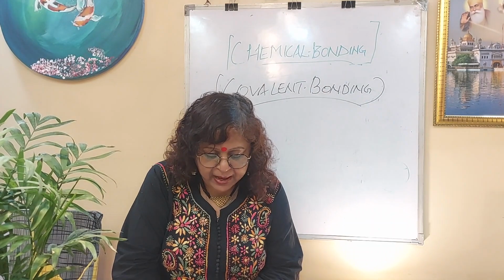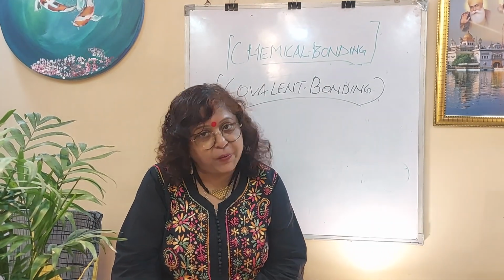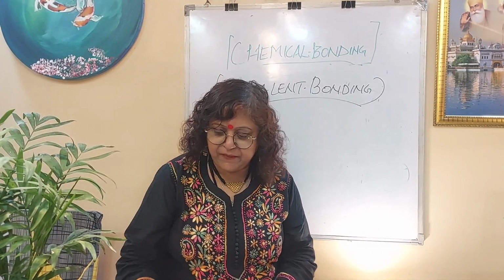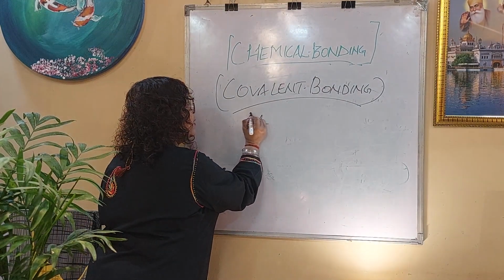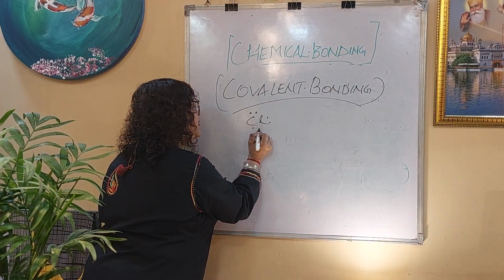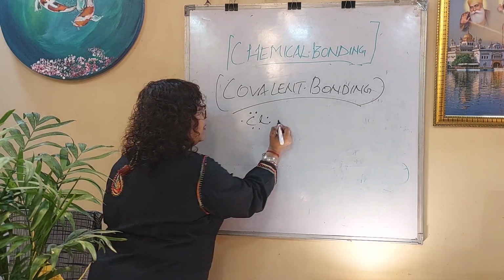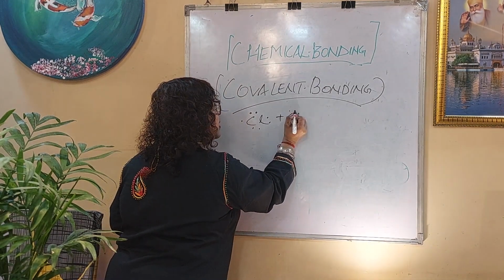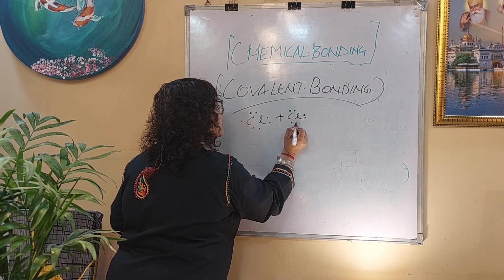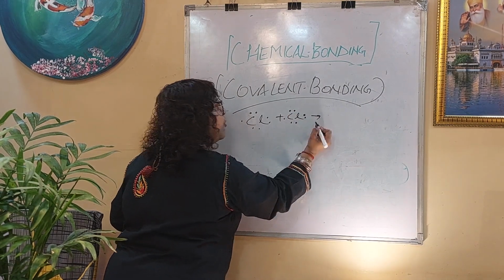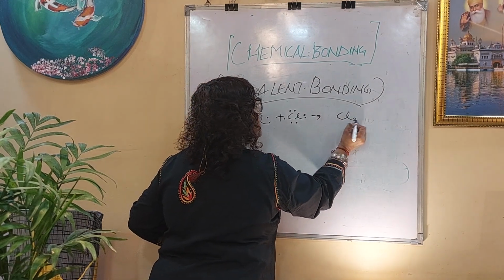For example, the formation of a chlorine molecule. Chlorine with 1, 2, 3, 4, 5, 6, 7 plus chlorine with 1, 2, 3, 4, 5, 6, 7 will form Cl2.